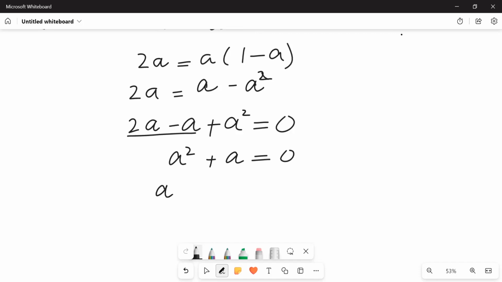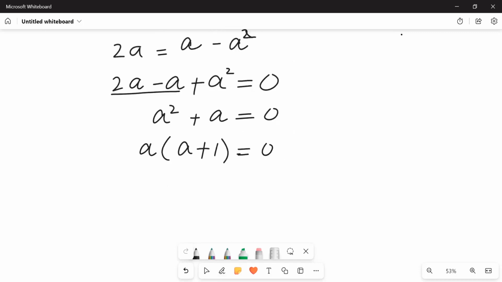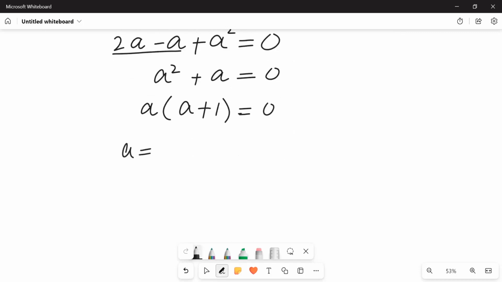Now we can take a as common and make the factors. Then a is equal to 0 and a plus 1 is equal to 0, so a is equal to minus 1. So these are the values for question number 5.